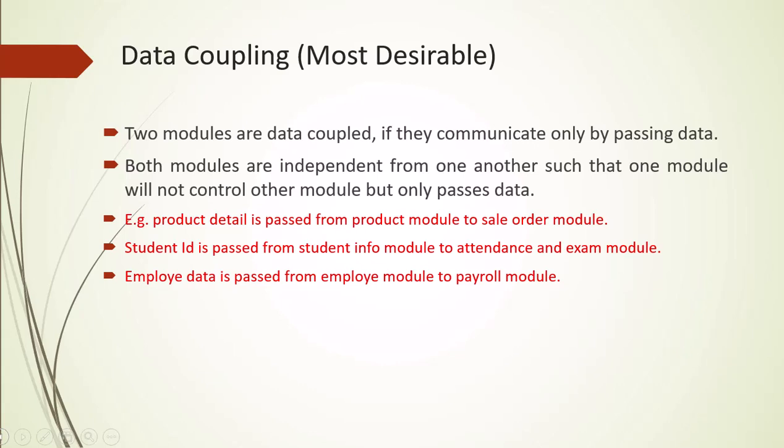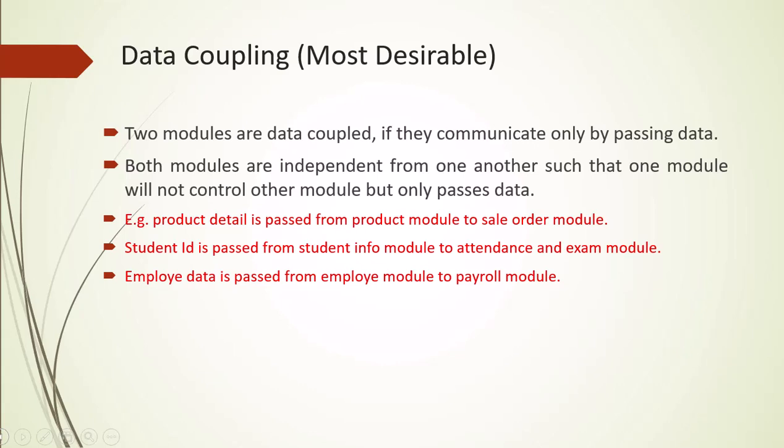This means one module passes data to another module. Both modules are independent from one another, such that one module will not control the other module but only pass data. This is the definition of a module: every module will exhibit unique properties and characteristics. So if there are two modules, both are different in functionalities. So in data coupling, one module will require the data of another module, so data will be passed.